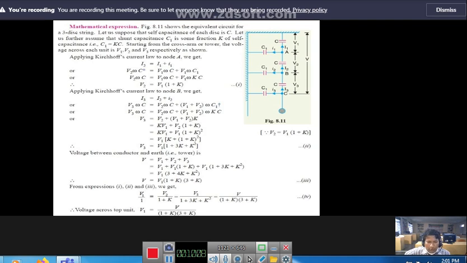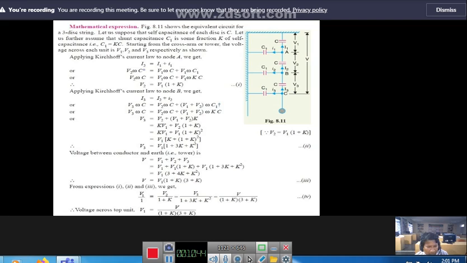V2 is V1 into 1 plus K, remember clearly. Remember equation 1, equation 2 and equation 3 always, as it may be helpful for competitive exams and GATE exam also. V2 is equal to V1 into 1 plus K, and V3 is equal to V1 into 1 plus 3K plus K square. Then, the voltage between the conductor and earth, the total voltage V, is the sum of all individual voltages: V equals V1 plus V2 plus V3.